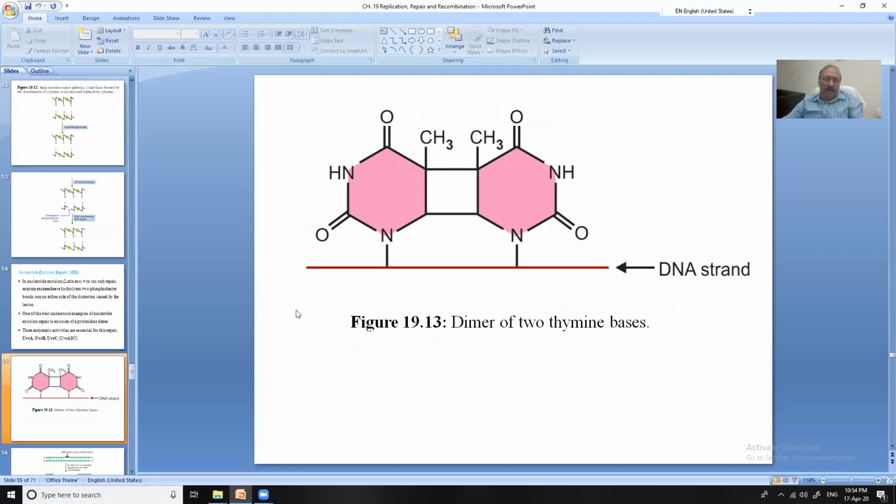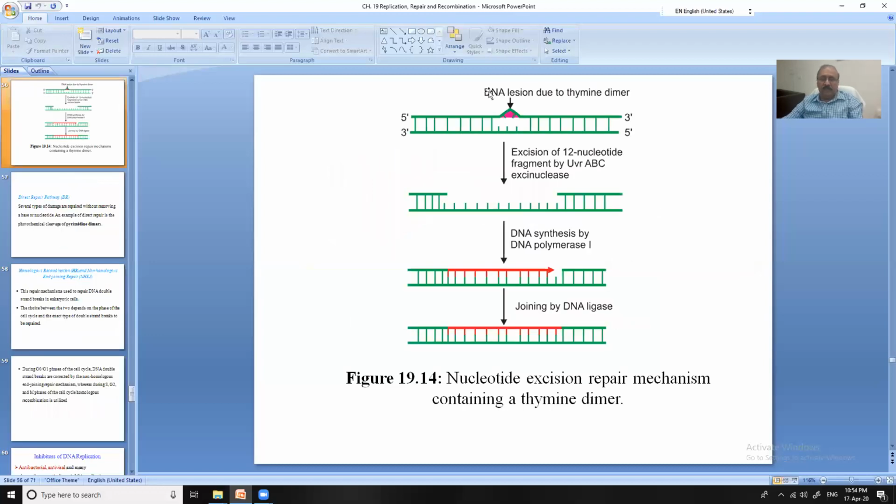So a cut here in the DNA molecule, and a cut here, removing this dimer. This is the DNA lesion due to the thymine dimer. Excision of a 12 nucleotide fragment by UvrABC excinuclease.